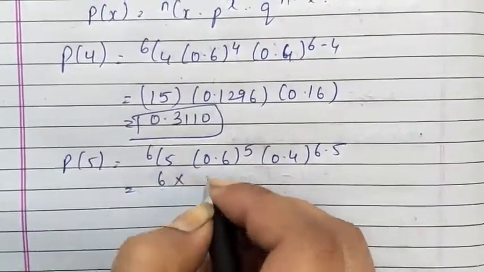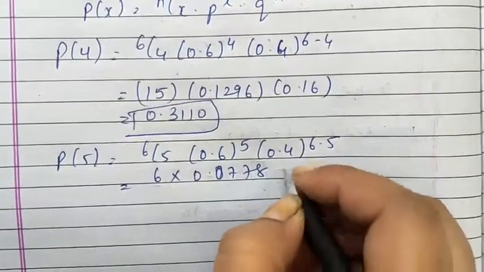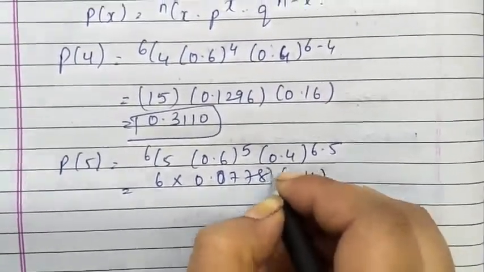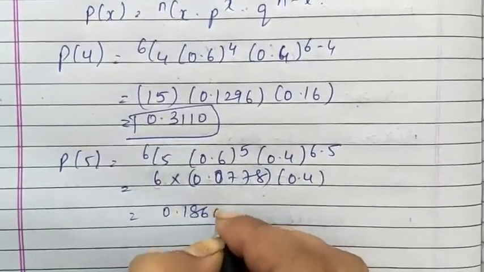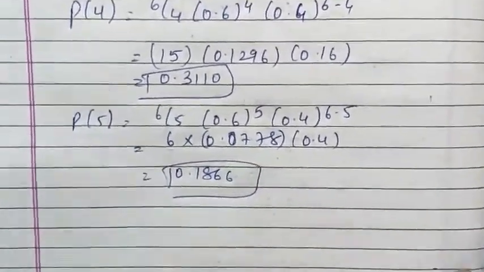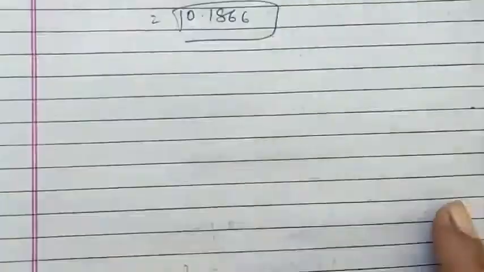That gives us 6 into 0.0778 into 0.4. So the answer comes to 0.1866. Now we will find P(6).